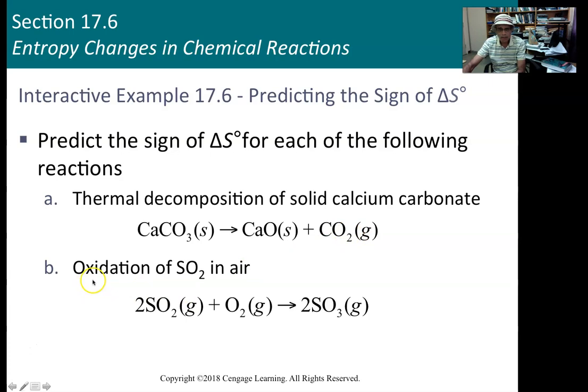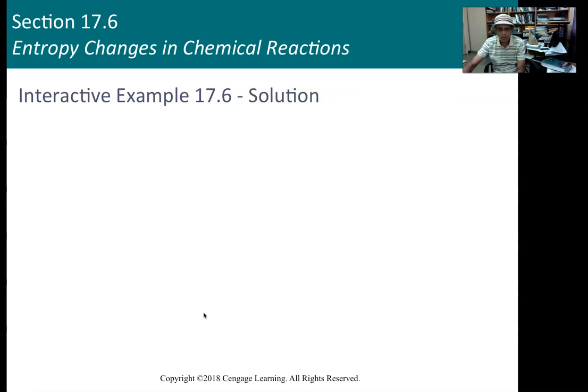Now this one here, oxidation of SO2 in air, you find that there are 2 plus 1 gas molecules and 2 here. So the reverse reaction will be the favorable or spontaneous one. So this is non-spontaneous according to the positional probability based on the gases, products, or reactants.